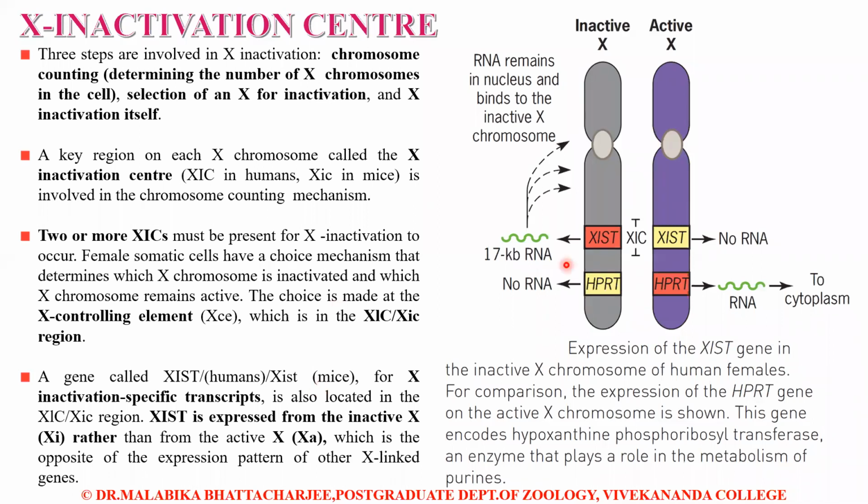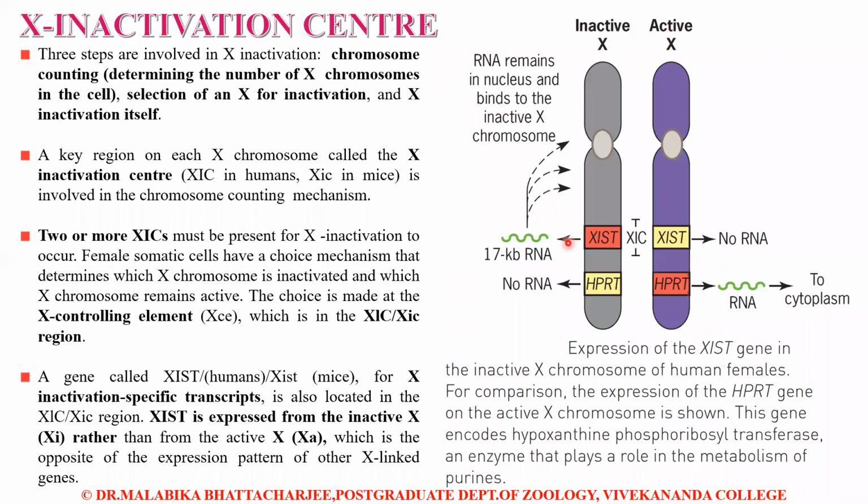Now, this transcript is basically a 17 kilobase RNA, and this XIST RNA is actually expressed from the inactive chromosome, and it targets the inactive chromosome. So if you look into these two pictures, let us assume that of the two X chromosomes, the X chromosome which is to be inactivated is shaded in gray, and the X chromosome which is to remain active is shaded in purple.